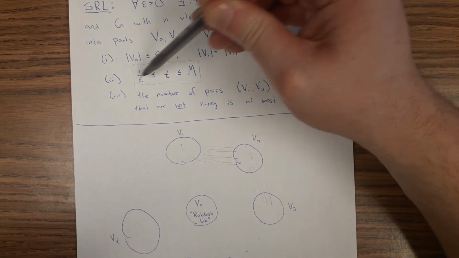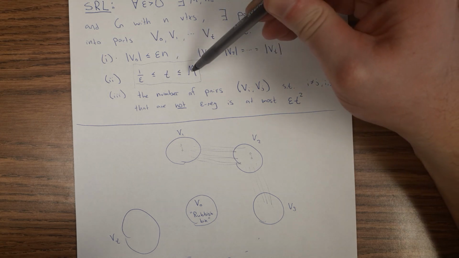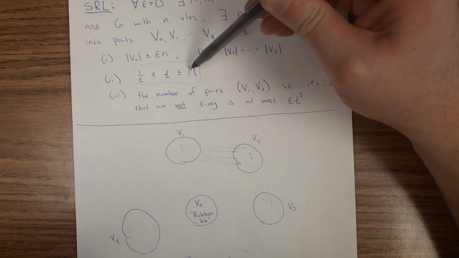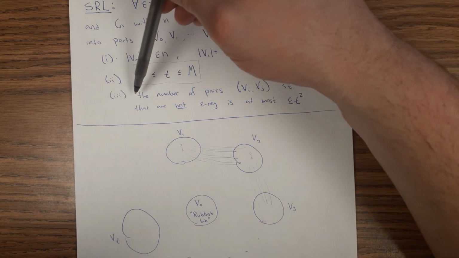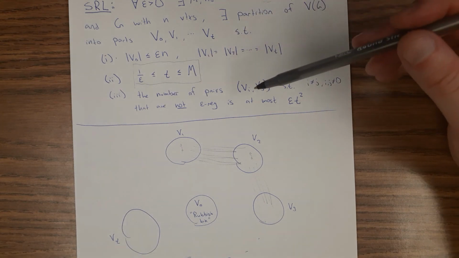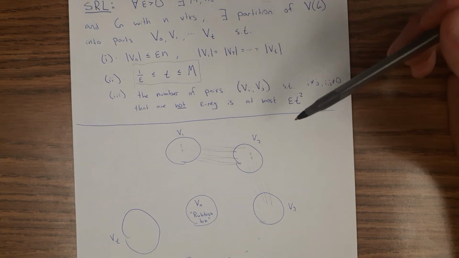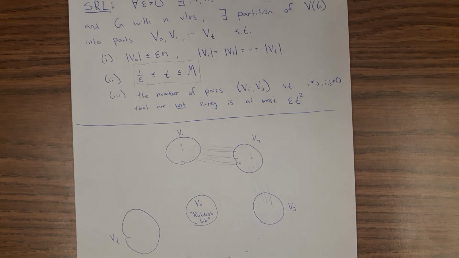This, of course, would not work because the number of parts would be n, and n is potentially large. N might be larger than m. But it would also satisfy this. In fact, every pair would be an epsilon regular pair. And that would not be an impressive, strong statement.